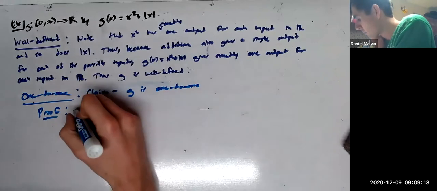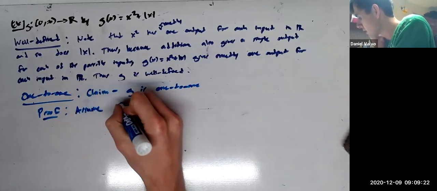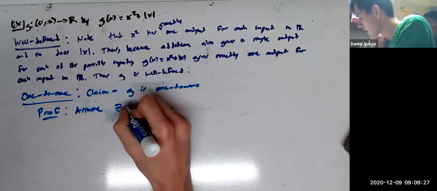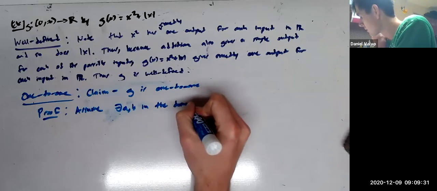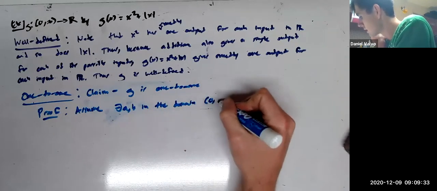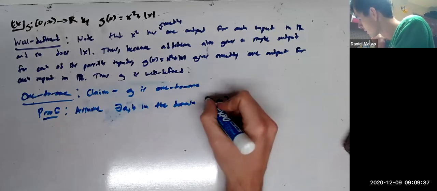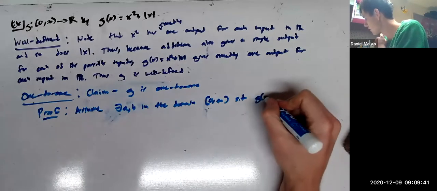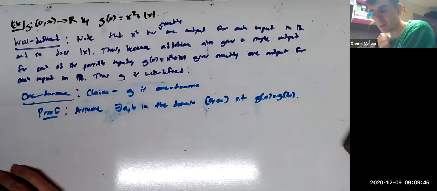So, proof. Assume there exist a and b in the domain 0 to infinity, including 0, such that g of a equals g of b.